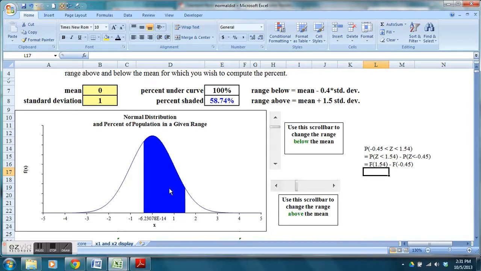How do we come up with that? It's going to be the probability of z being less than 1.54, everything right here, the blue and the left white tail, and then we subtract the white tail from it. So the probability that z is less than 1.54 minus the probability that z is less than negative 0.45, excuse me. And we can express that in big F.